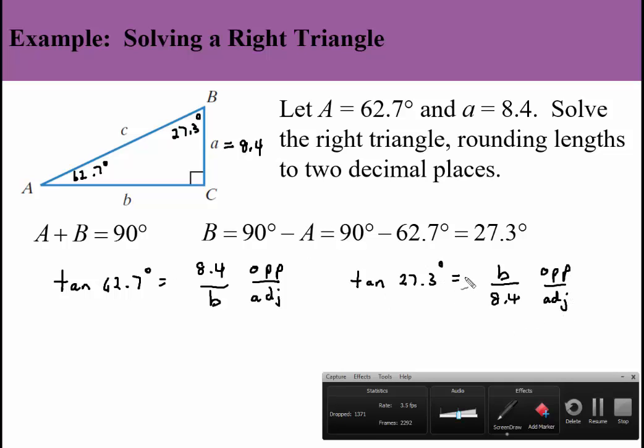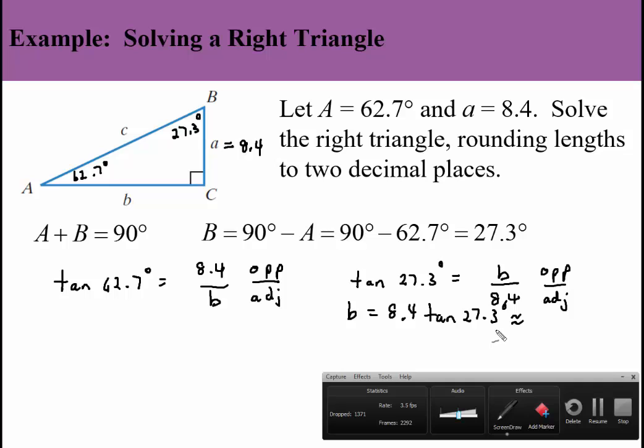All right, so there's a whole bunch of ways that you can solve these things. Which of these two equations looks a little bit easier to solve? Well, either one you could do, but if you multiply this right one by 8.4, B is going to equal 8.4 times the tangent of 27.3 degrees. And we'll go ahead and approximate that to 2 decimal places. Now I want you to go ahead and get your calculators out, get it in degree mode, and I want to make sure we agree on these answers.